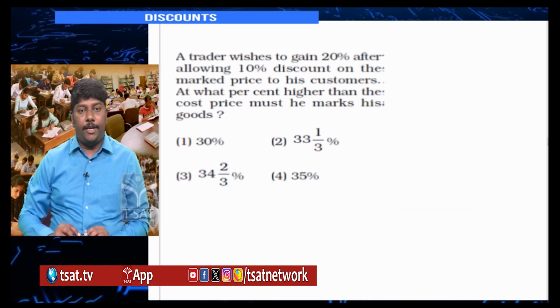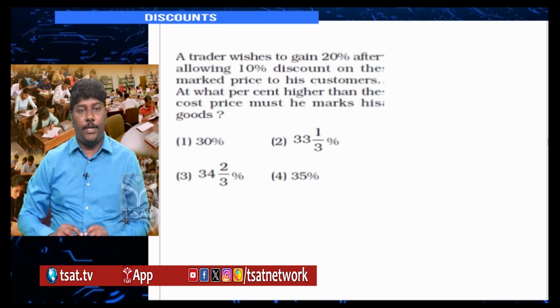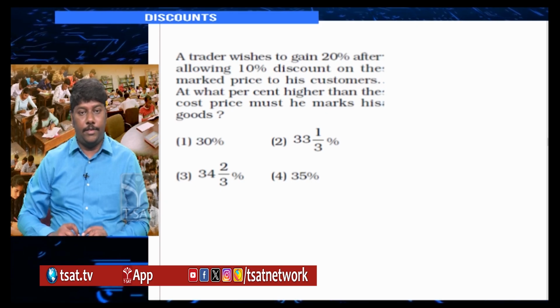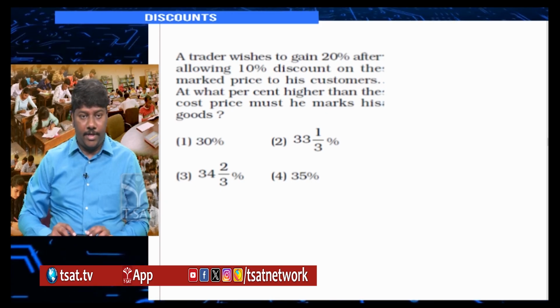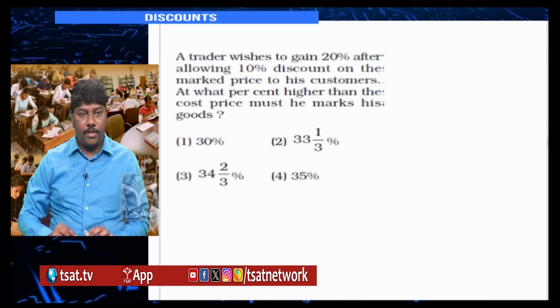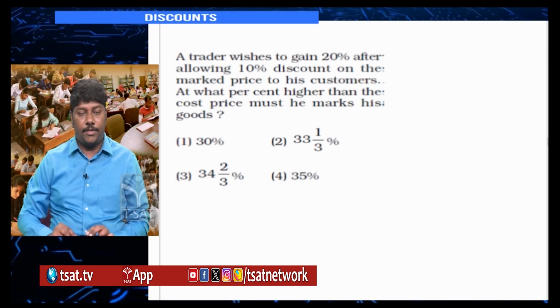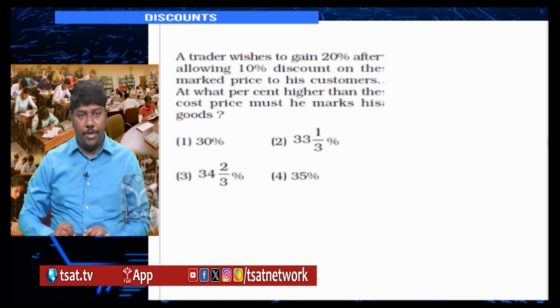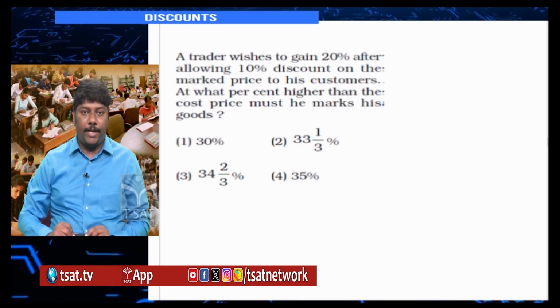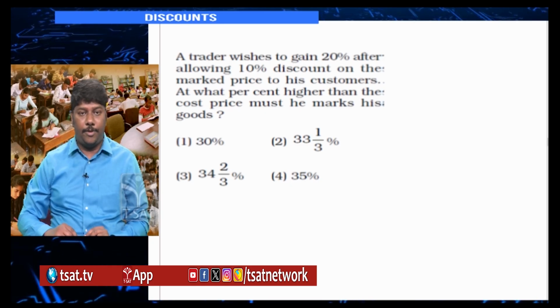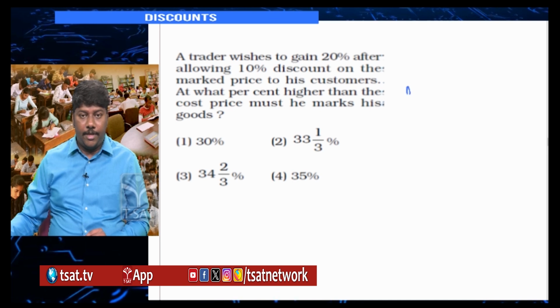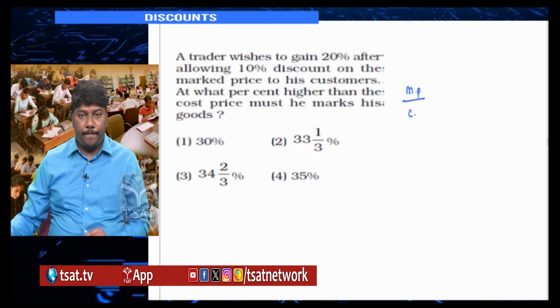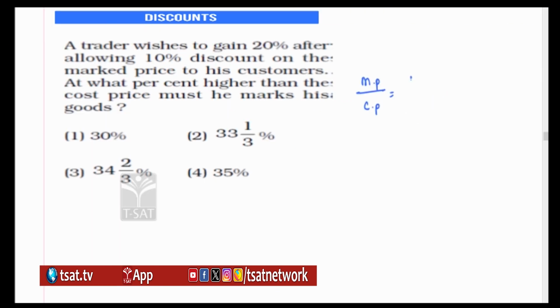Now see, a trader wishes to gain 20% after allowing a discount of 10% on the marked price to his customer. At what percent higher than the cost price must he mark his goods? So he is asking you what is the markup percentage. In order to find out the markup percentage, you just find out the ratio between MP and CP. So what is the MP by CP ratio? 100 plus profit is 120, 100 minus discount is 90.